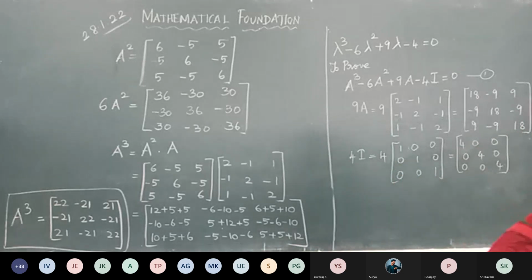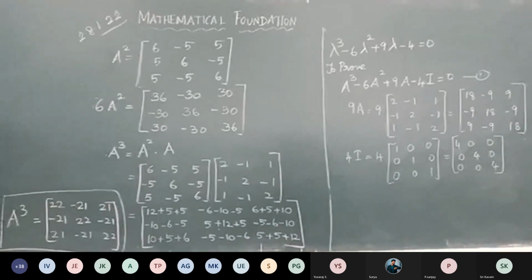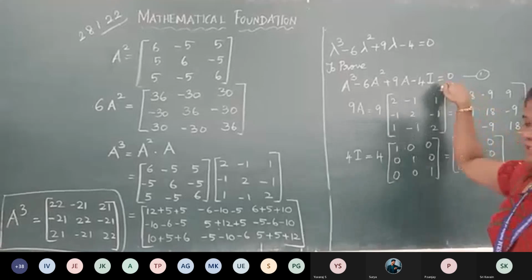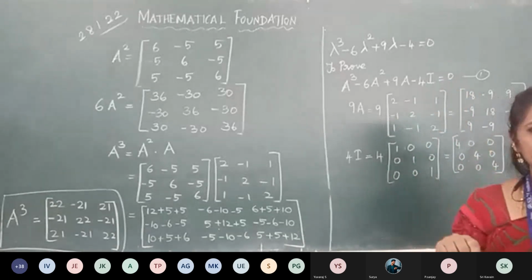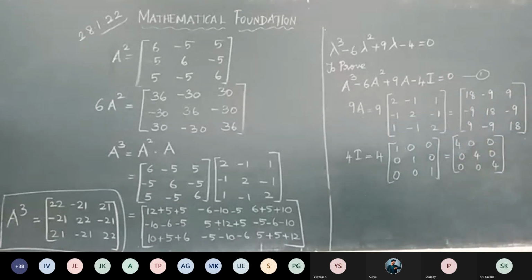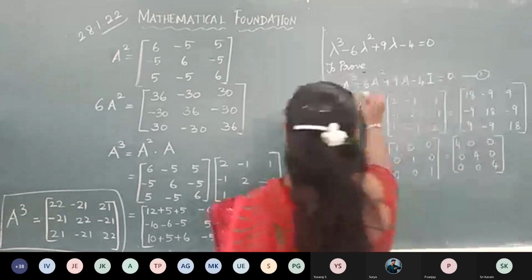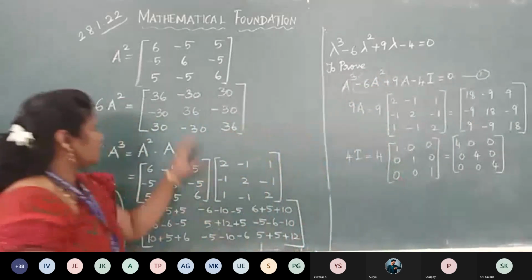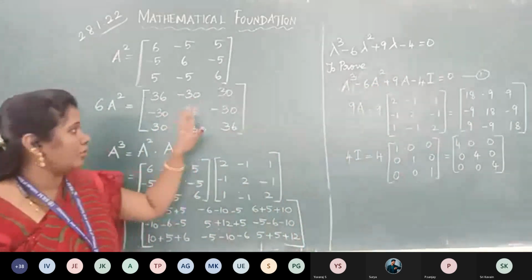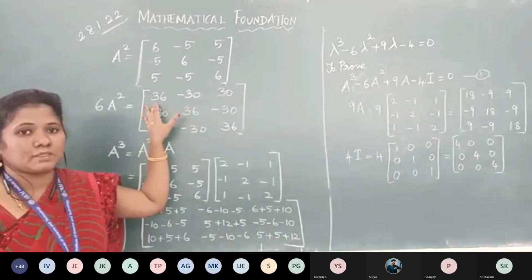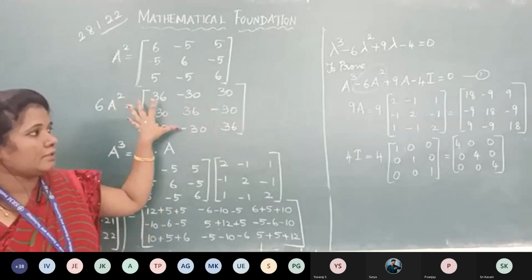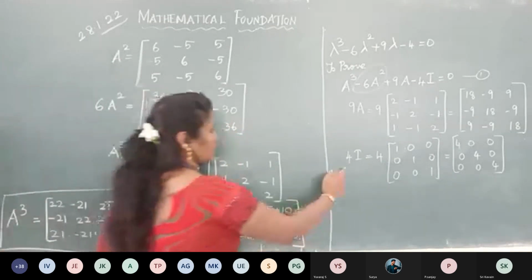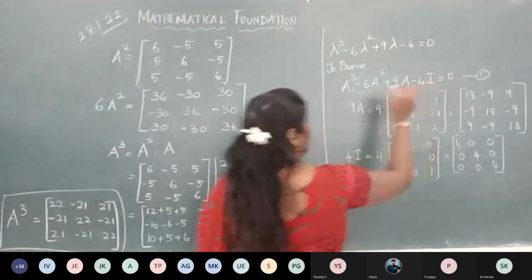After writing this 4I, what you have to do? You will have to substitute everything in your first equation and check whether it is satisfied. That will be your homework. You substitute all the values: the 6A square which you have found out, multiply it with the minus sign, so everything will change signs. For 4I also it is minus.